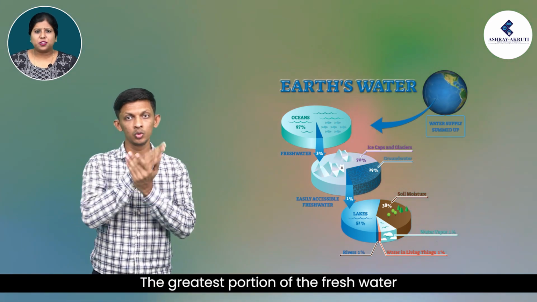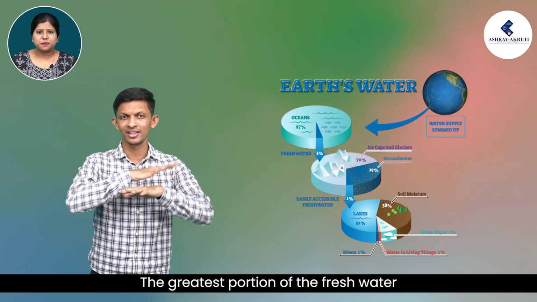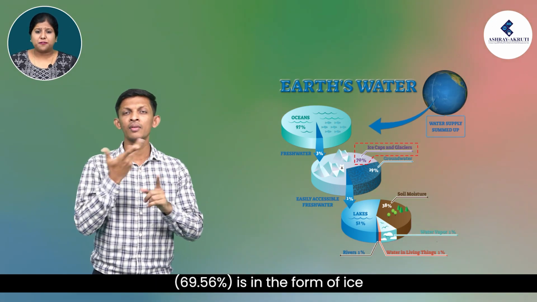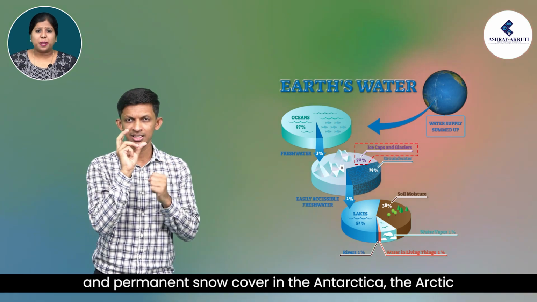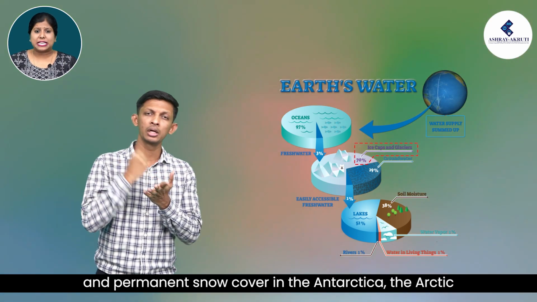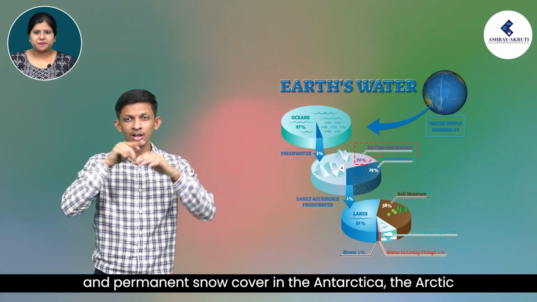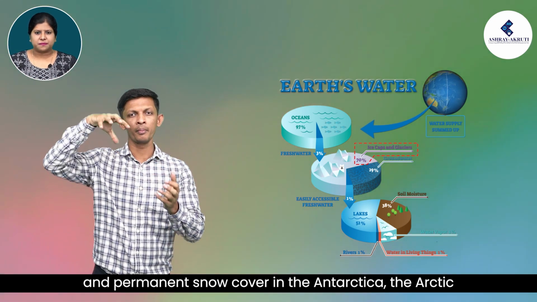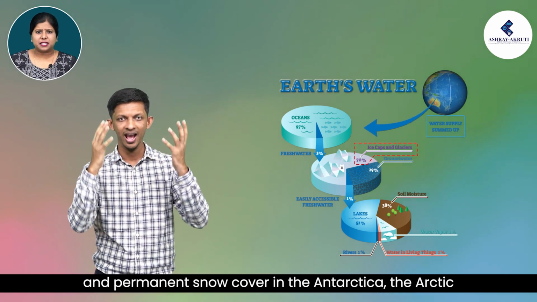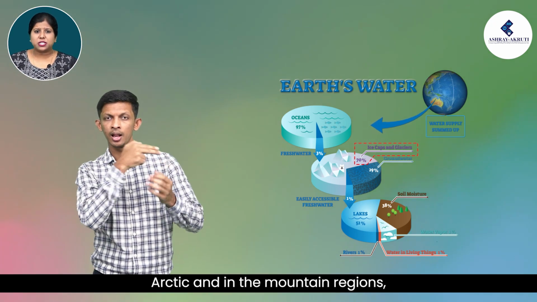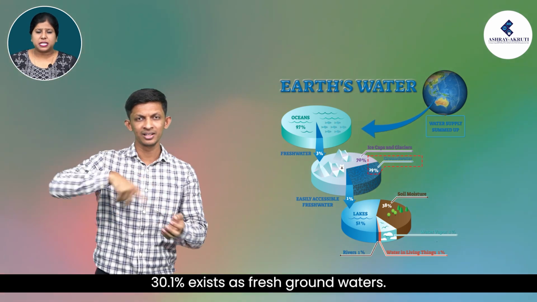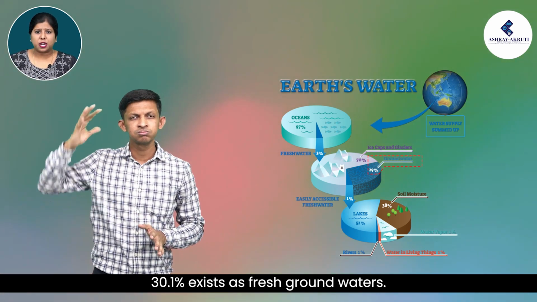The greatest portion of the fresh water, 69.56%, is in the form of ice and permanent snow cover in the Antarctica, the Arctic and in the mountain regions. 30.1% exists as fresh groundwaters.